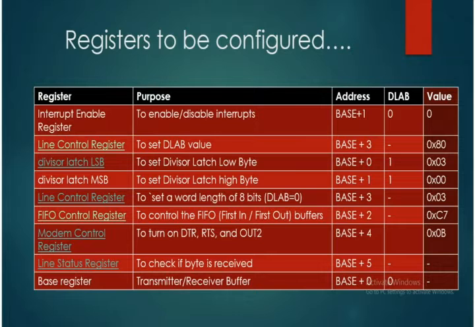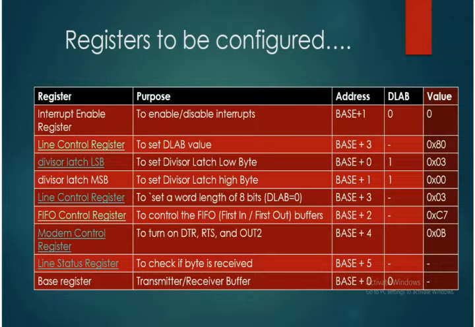Now at this point we should understand the role of DLAB bit. You may have noticed in this table that interrupt enable register and divisor latch MSB has same address, and also base register and divisor latch LSB register has same address. So how they are differentiated?